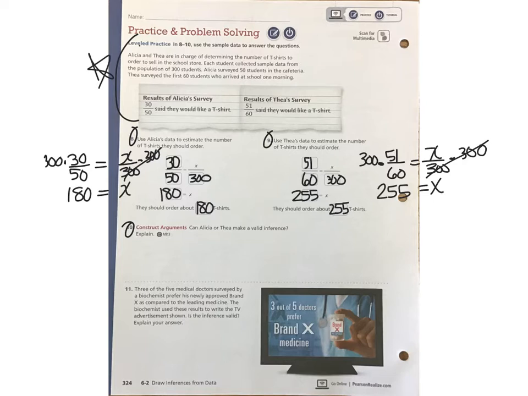Now, looking at these 2 answers, we notice that they are quite different, and both of them are probably not valid inferences. So we need to go back before we can answer question number 10 and take a look at how they conducted their surveys to determine if Alicia or Thea could make a valid inference.